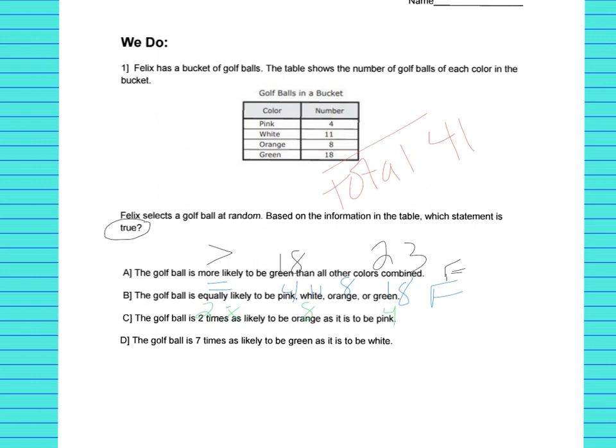The last one says the golf ball is 7 times as likely to be green as it is white. So when we look at green, that is 18. White is 11. Is 7 times 11 equal to 18? No. So the way we read this right here is 8 equals 4 times 2, which makes that one true. So C is our answer choice on this one.